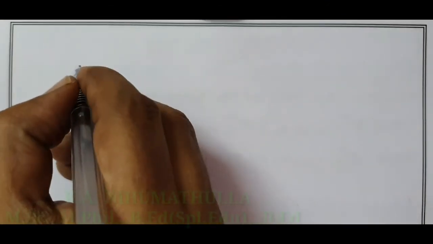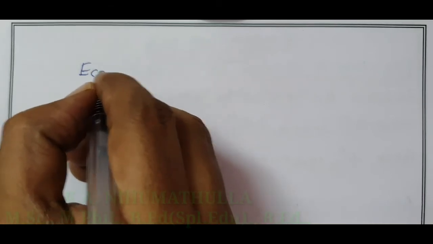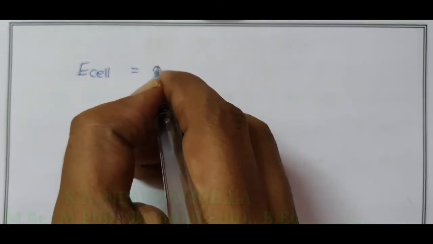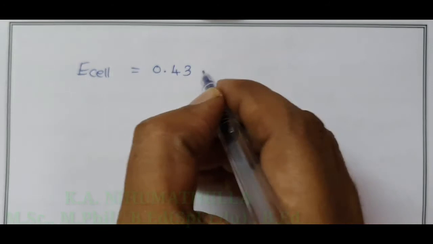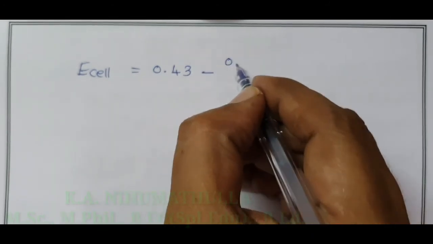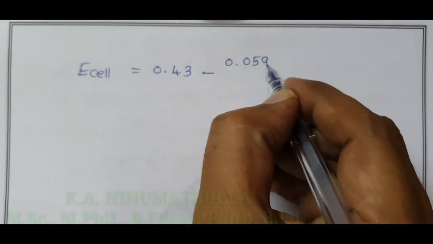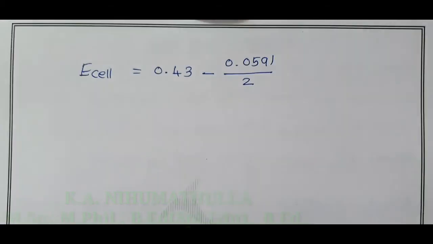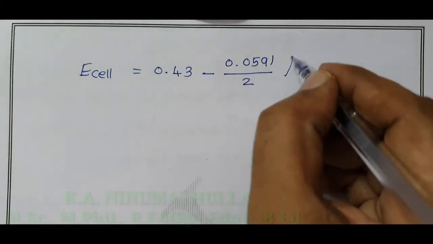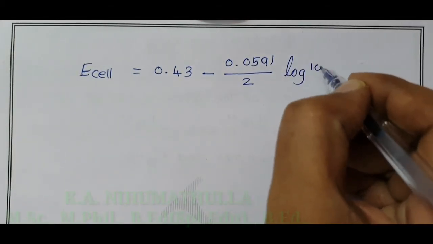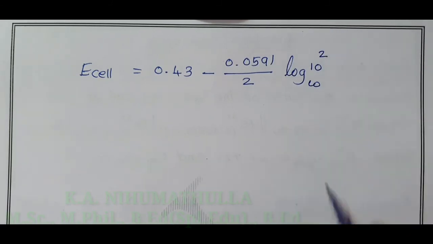Therefore, E cell is equal to 0.43 minus 0.0591 divided by 2 times log of 10 power 2 to the base 10.